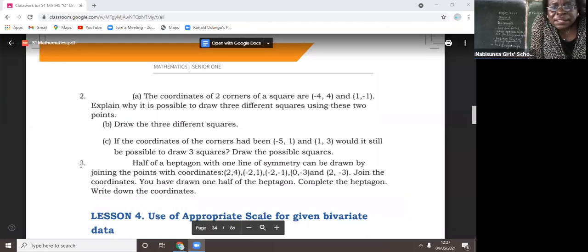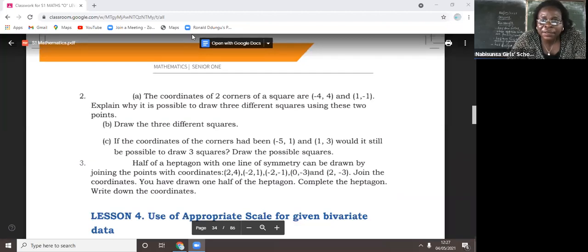Any comment? Akampura, can you unmute and give us your submission?